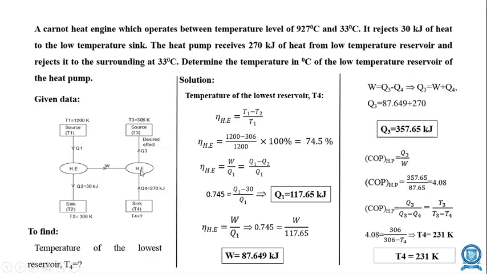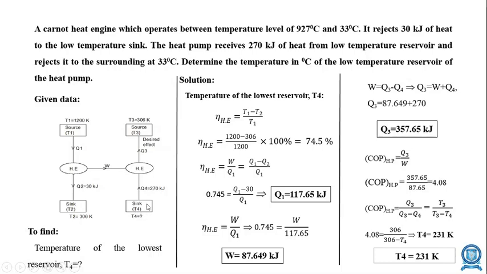Here it is heat pump, HP. You have to remember this: the sink temperature, the lower temperature of the heat engine, is equal to the higher temperature of the source of the heat pump. Here they have asked you to find the sink temperature of the heat pump. Therefore, our aim is to find the value of T4.